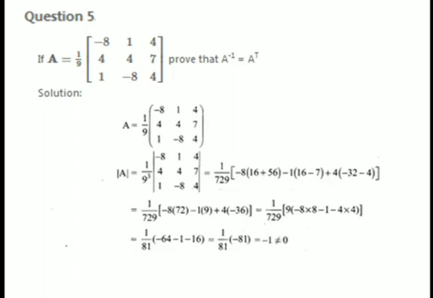So the modulus of A equal to minus 1 not equal to 0. So A inverse exists. A inverse equal to 1 by modulus of A adjoint of A. To find adjoint of A, equal to adjoint of A_ij transpose. Find out the A_ij.